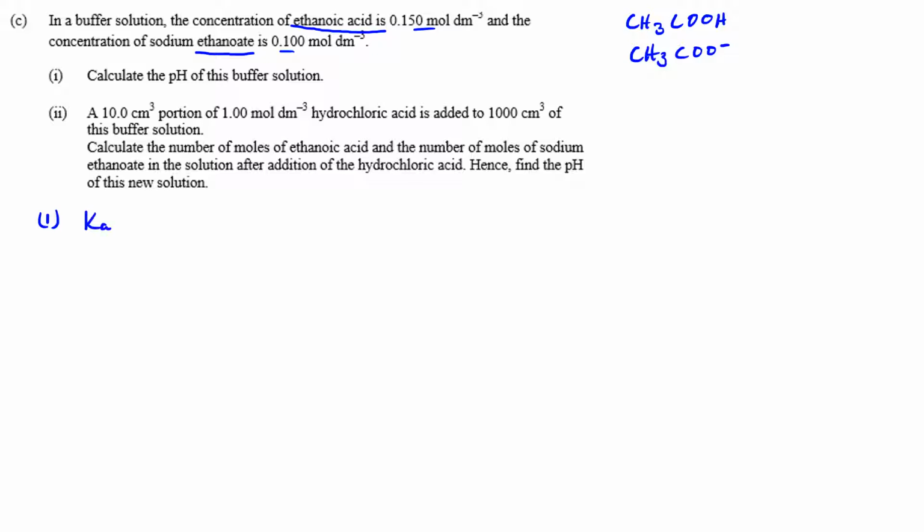So you're going to write your expression for Ka down, and that's the concentration of hydrogen ions times the concentration of ethanoate ions divided by the acid concentration.